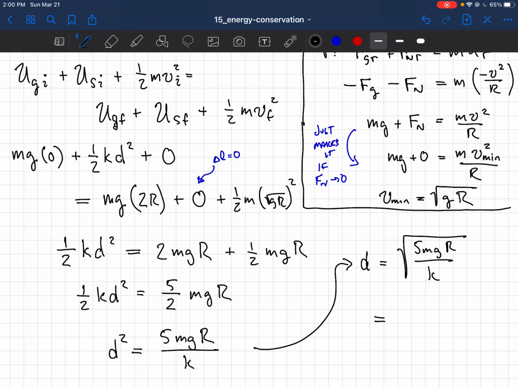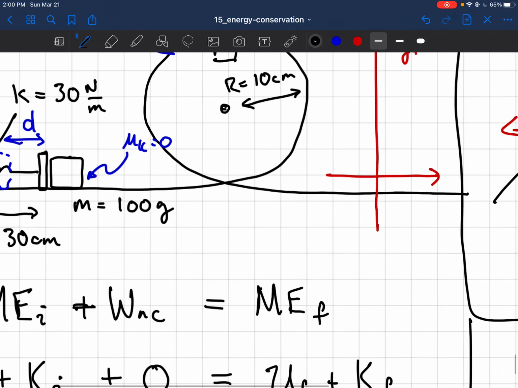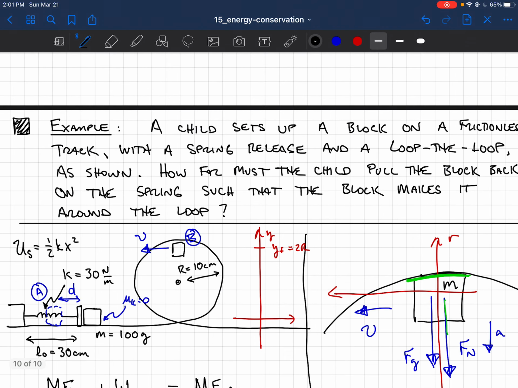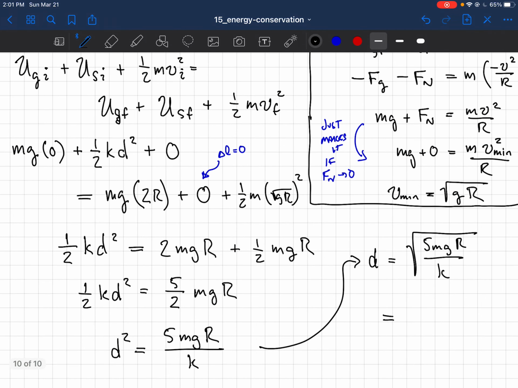And now we can plug in. So what's our answer? It's going to be the square root of 5 times the mass. So we were given the mass in our original picture, 100 grams, so 0.1 kilograms, times 9.8, times the radius of the circle, that was 10 centimeters, so times 0.1 meters.